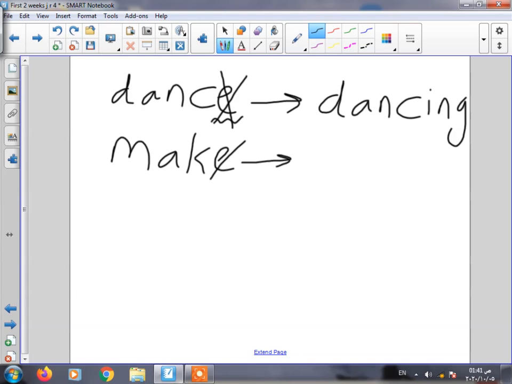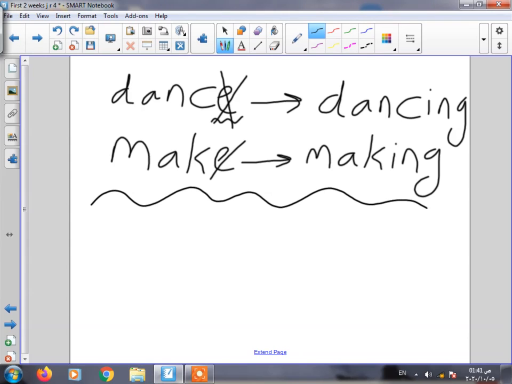It will be making. And that's the first rule: if the verb ends with the letter E, we cancel it before we add ing to the verb.